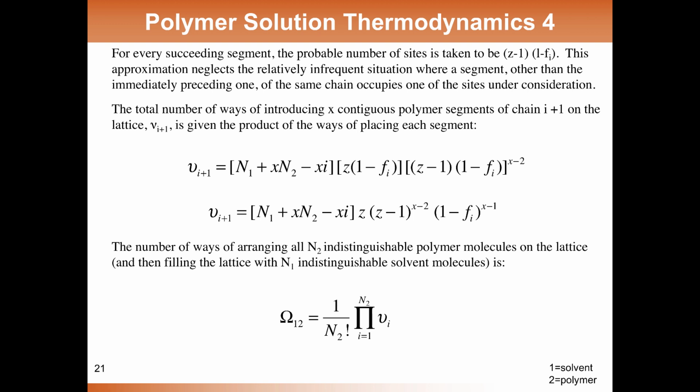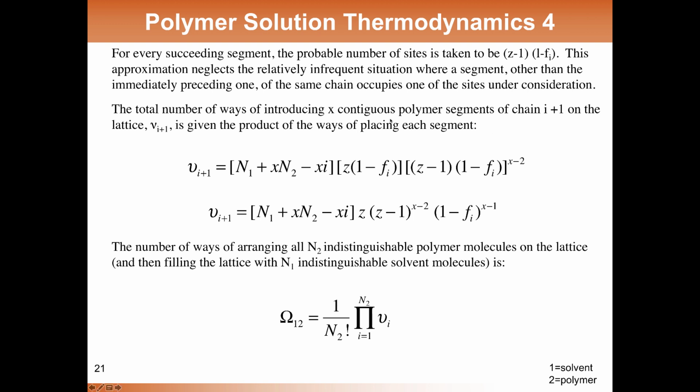So if you are laying down the chain segments randomly and a loop is formed, you could eventually get to a situation where you're trying to place a segment into a lattice position that's already occupied by a segment of the same chain, and that possibility is ignored. Later versions of the Flory-Huggins theory, modifications to it, came back and have attempted to correct for that, but that's beyond the scope of our discussion today.